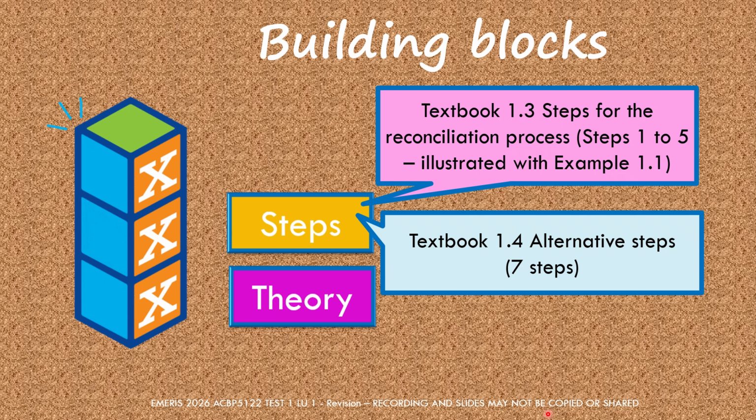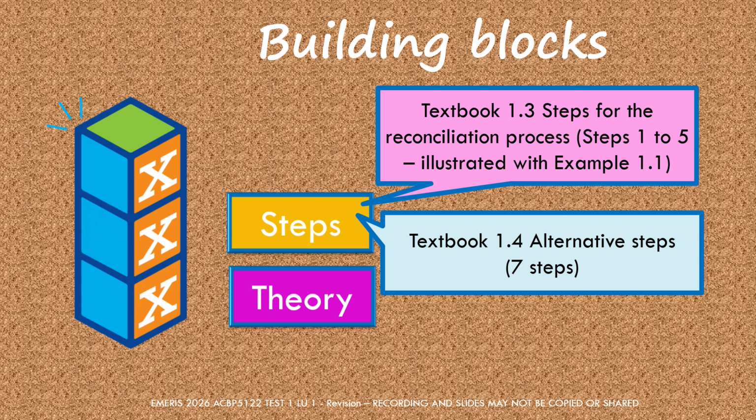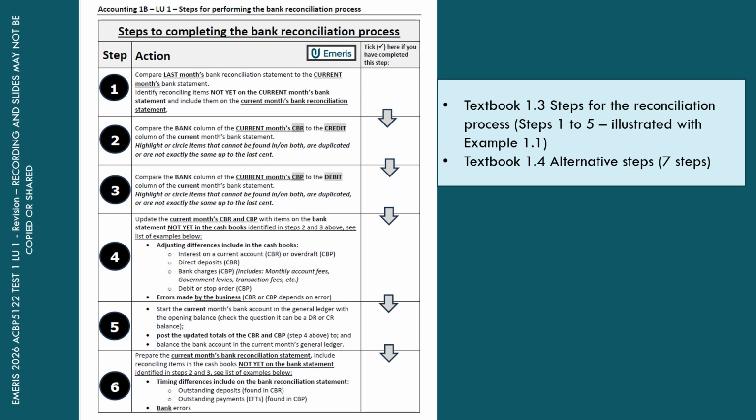So I would highly recommend that you make a mind map or an infographic for yourself of these steps, because they're really key building blocks in helping you to answer any Learning Unit 1 question. If you want to, up on the screen here are the 7 steps, or rather the 6 steps that I always share with my students.